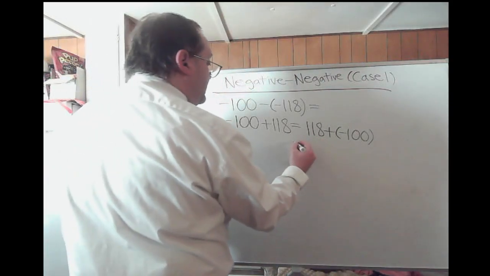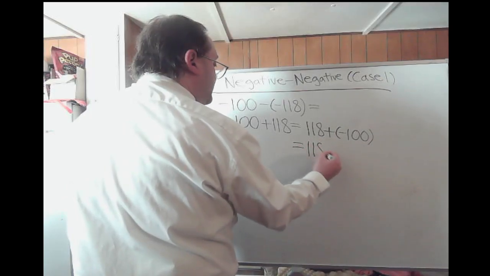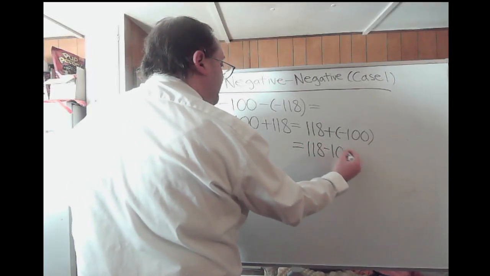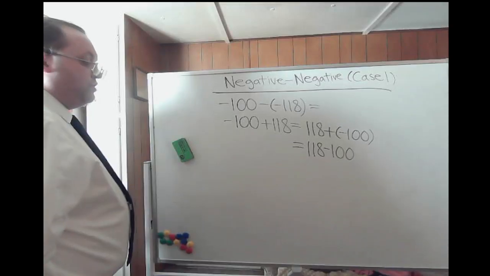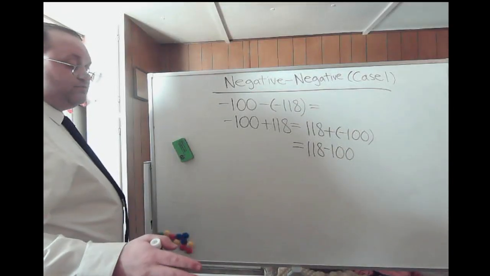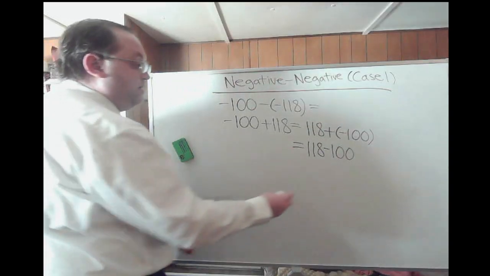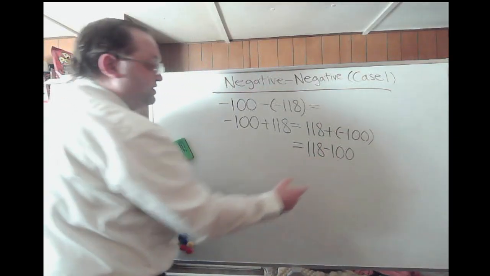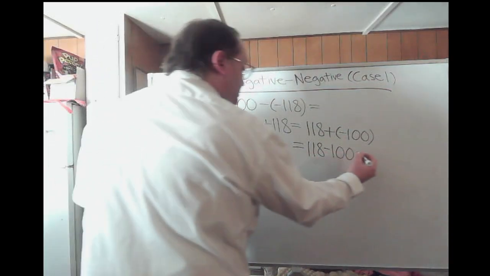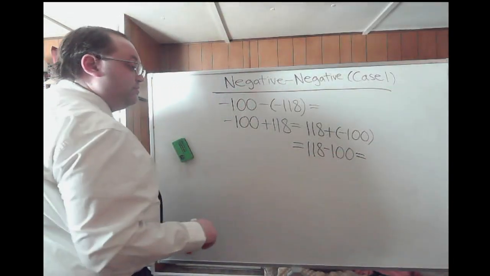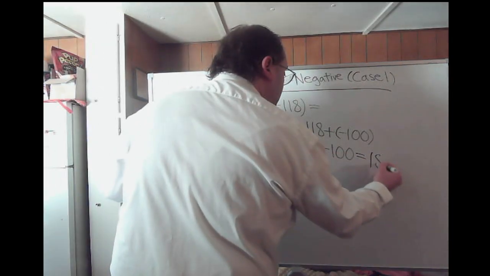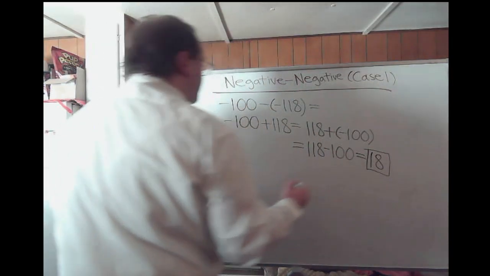And of course, when you add a negative, that becomes a simple subtraction problem. In this particular subtraction problem, it's like case one of positive minus positive. Because the first number is greater than the second number, you'll get a positive result. 118 minus 100 is simply 18. And that would be your answer.